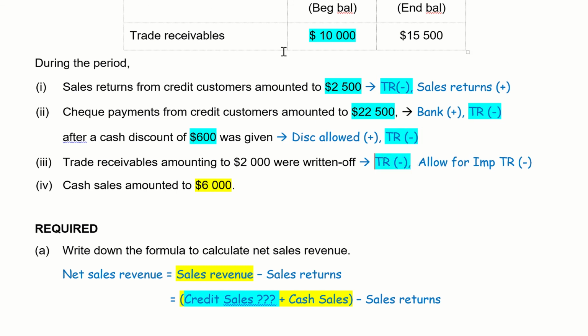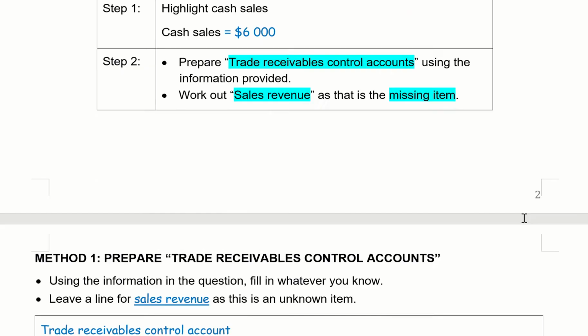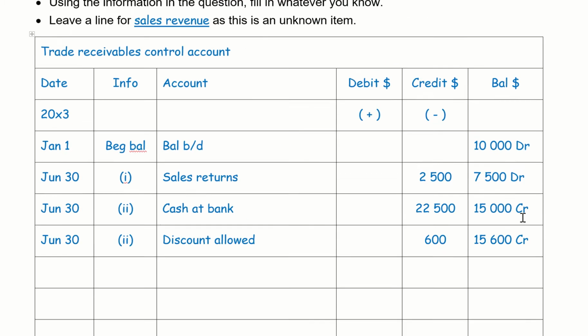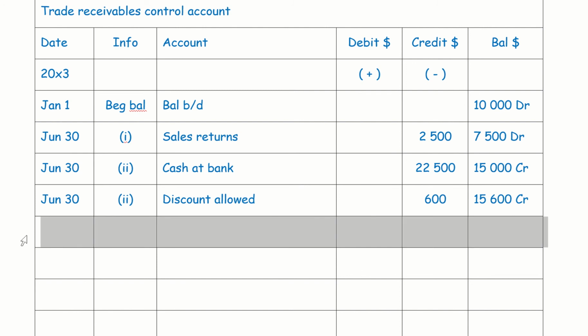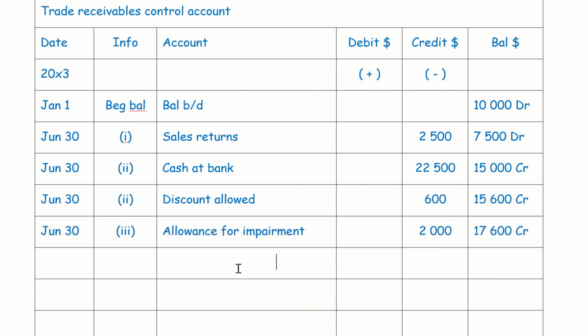We will record trade receivables go down. Go down by how much? Go down by $2,000. The other account affected is allowance for impairment. So I'm going to show you how it's recorded in your trade receivables ledger account. It will be recorded like this.